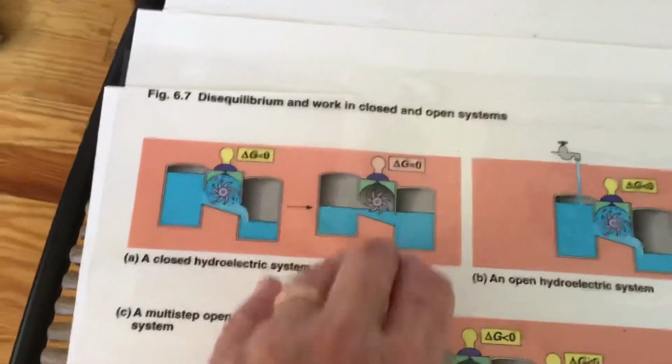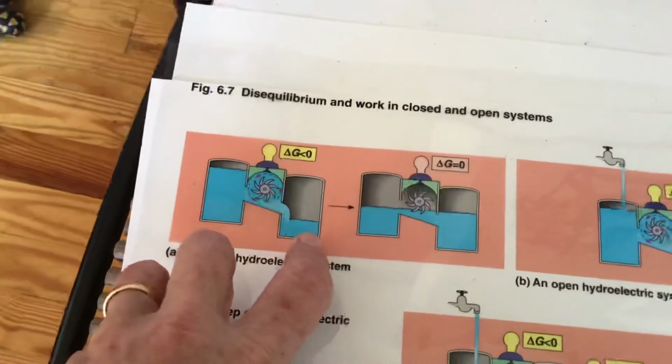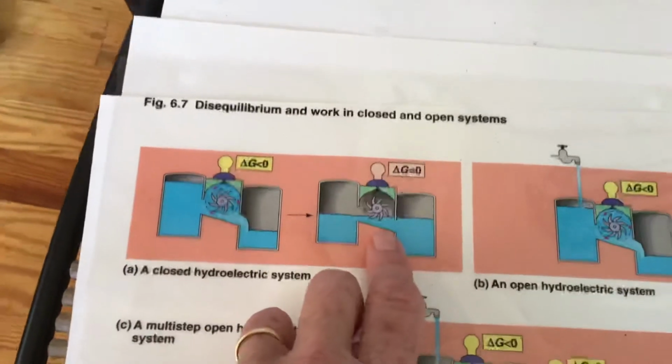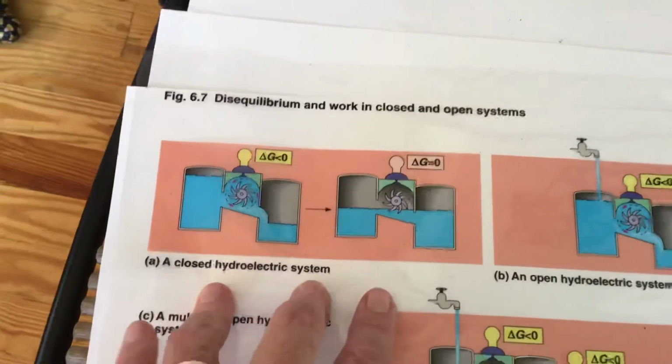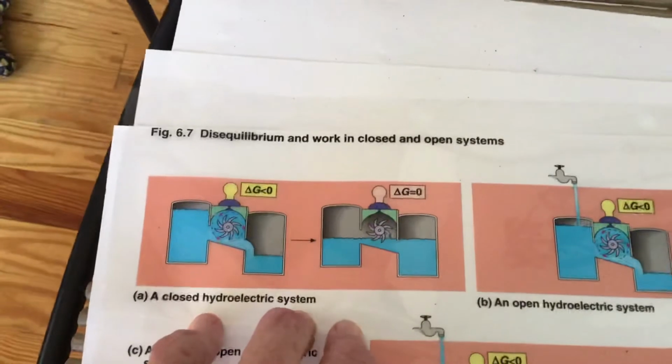And delta G would be less than 0. In other words, I'm losing energy. It's going to be negative. And then as it reaches equilibrium, it's going to be equal to 0. So this is just a way that they use delta G to help understand systems, okay?